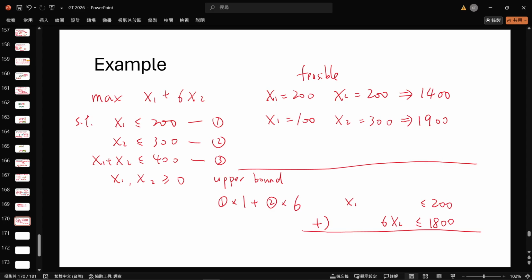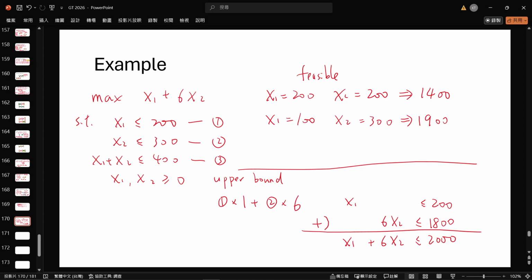So the sum will be $2,000. Because what I did here is I just manipulate the constraints, this will be an upper bound.